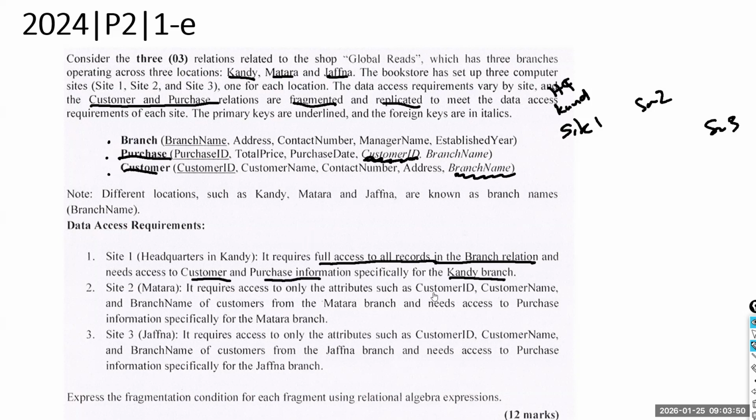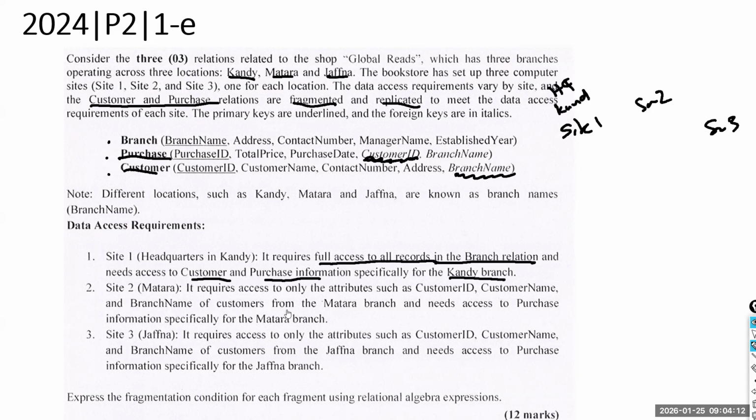But for customer and purchase, they only need Kandy branch details, while in the branch relation they need full access. So that means Kandy is both headquarters and a branch also. That is why they need customer and purchase information also.